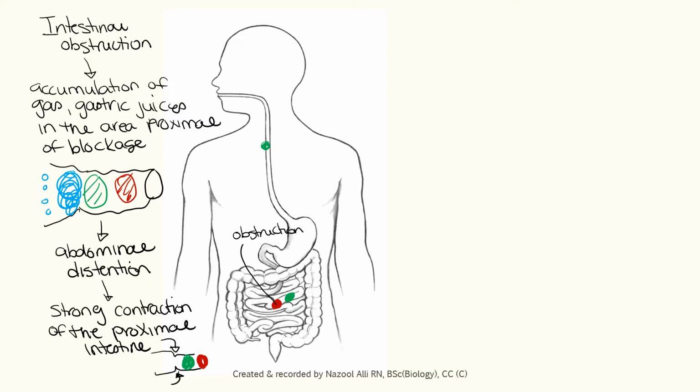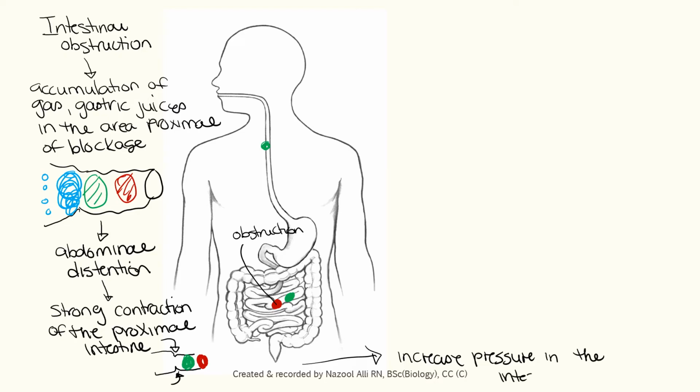Unfortunately, because we have an obstruction there, even though we're seeing the strong contractions, the food cannot be pushed along any further. So because of that gas and the increase in fluid, what we're now going to see is increased pressure in the intestinal lumen.